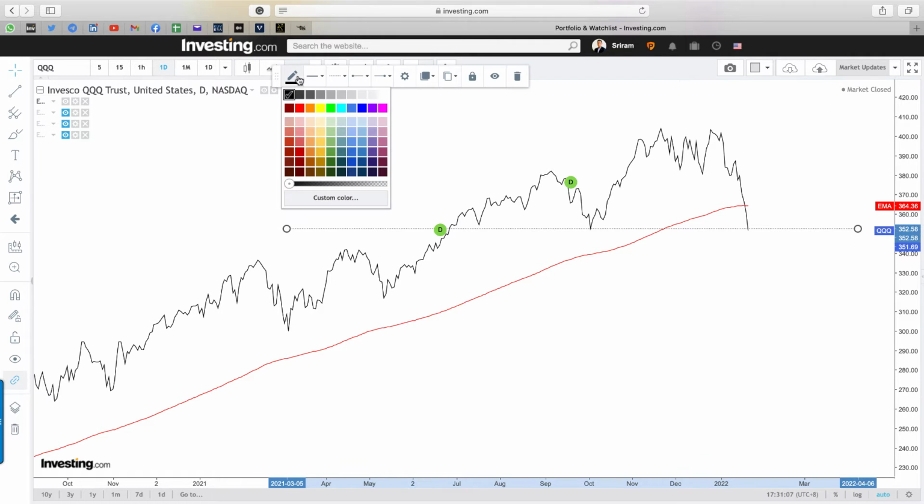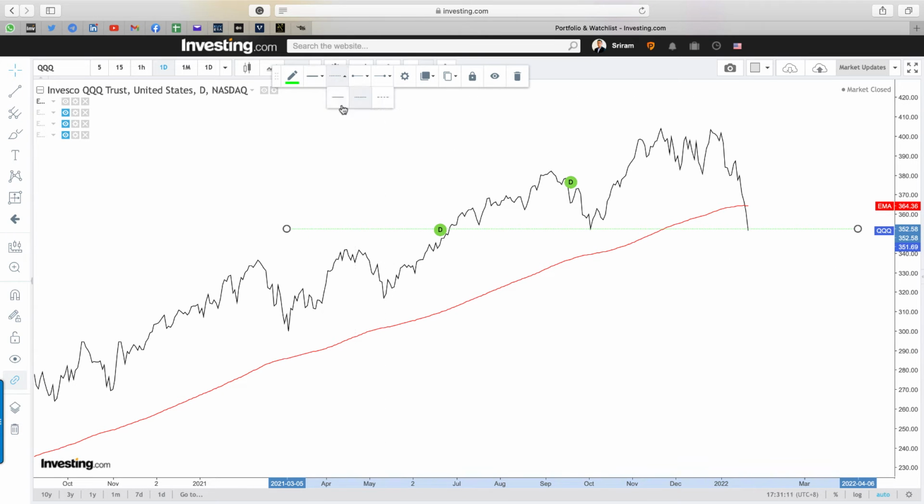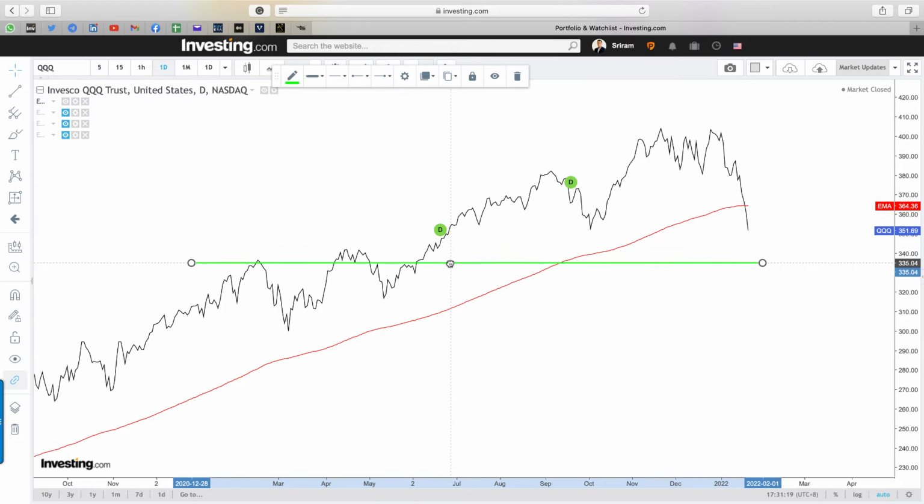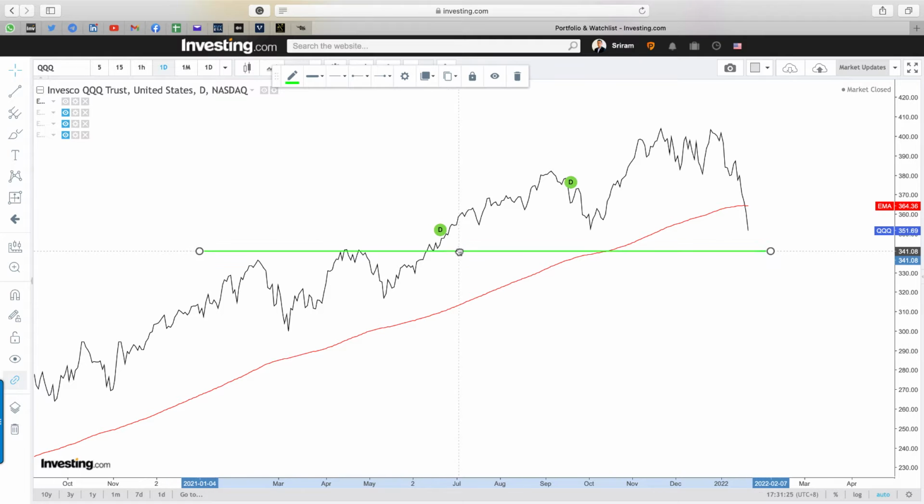If not, I'll increase the thickness, it could go to this range, somewhere between 335 and 340. That's the key support I'm looking at.